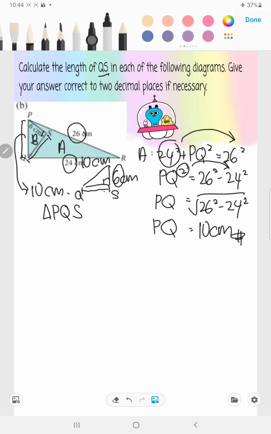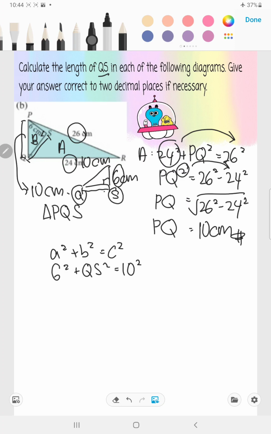So let's make 6 the a. So a square plus b square is equal to c square, which is the hypotenuse. 6 square plus QS square, and you'll get 10 square.